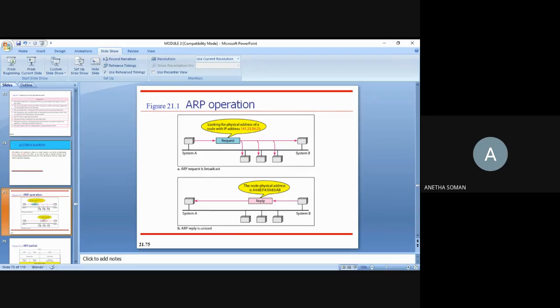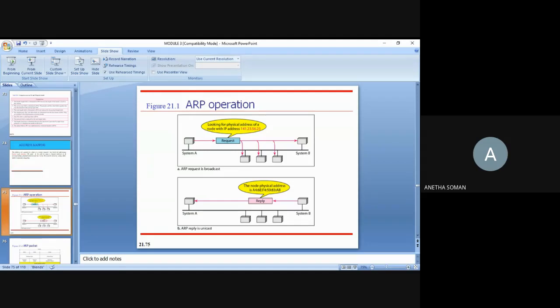Now, if you want to transfer it, from the network layer it has to be transmitted to the data link layer. At the data link layer, that data is called a frame. Whatever is the packet at the network layer, you call it a packet, and when you transfer it to the data link layer, you call it a frame.